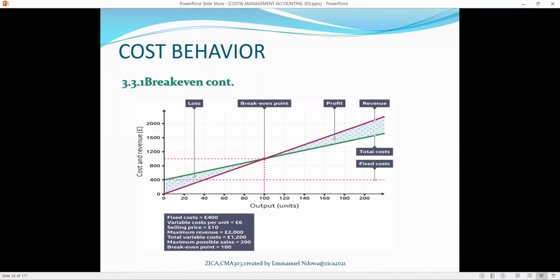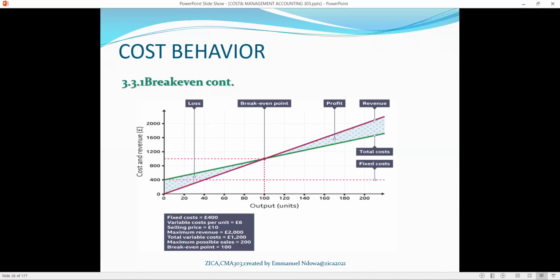For instance, in a factory you are producing 80 units. Maybe your rentals are 12,000, as I highlighted earlier, and you have the variable cost. Your revenue cannot cover the fixed cost and the variable cost incurred in that production, so you realize losses.